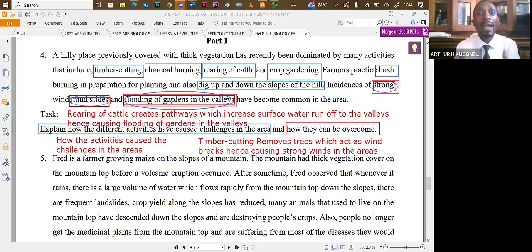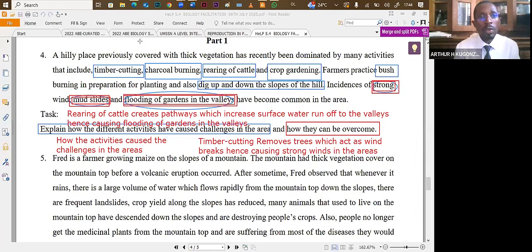Therefore, when you are answering, please stick to evidences given in the scenario. Every aspect they have given in that point is wrong. You have talked about the activity of deforestation. In the scenario, there is no deforestation. Then you're telling us it causes the problem of global warming. In the scenario, there's no problem of global warming. So you stick to what is given in the scenario.